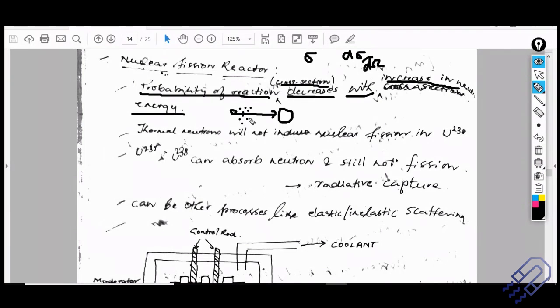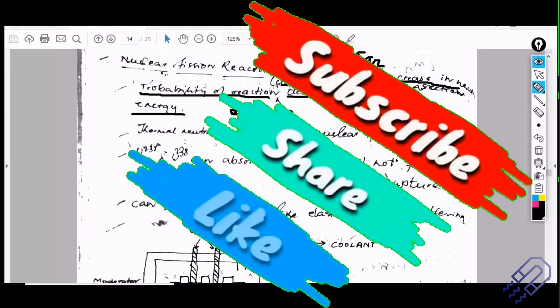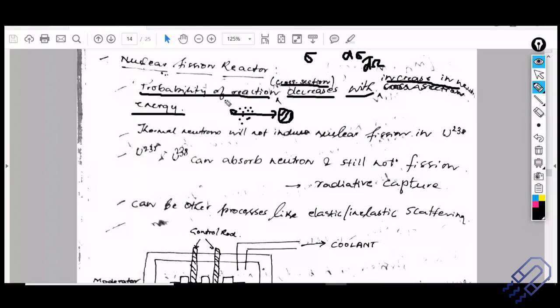If it slows down the neutron, the chances of that neutron interacting with the uranium will be far greater. As a result, you can expect a nuclear reaction. Then you can get two fragments, three more neutrons coming out, energy coming out, and so on. In nuclear physics terms, we call this the probability of reaction. In simple words, we are talking about the cross section.